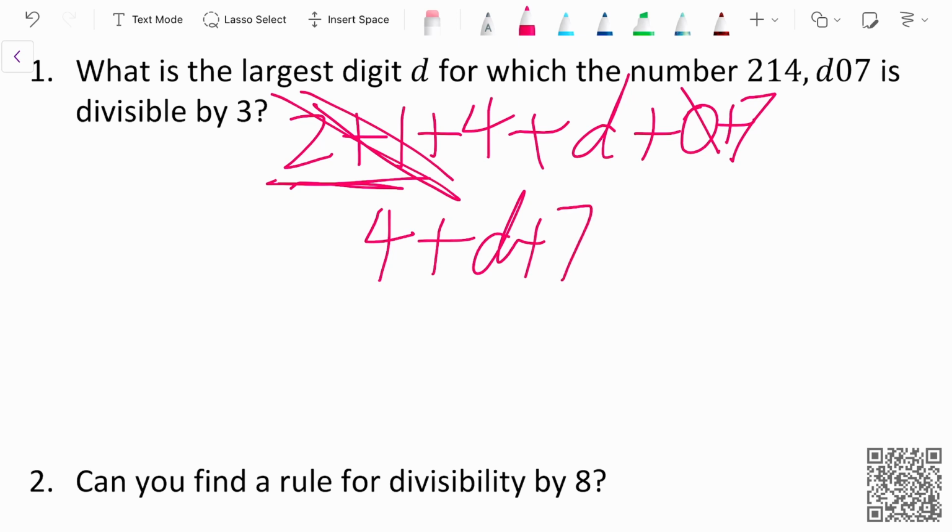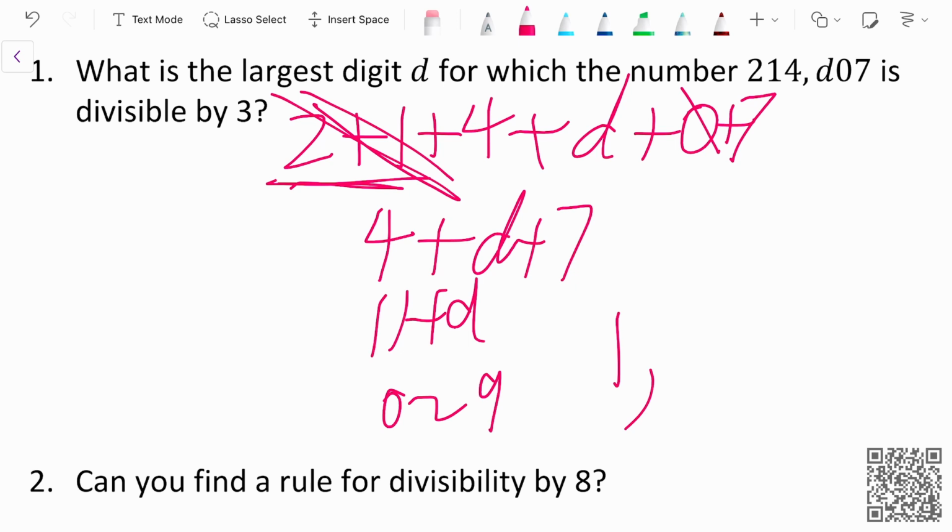So you add 4 and 7, in which you would get 11. So 11 plus D is divisible by 3. So looking at this now, you have the collection of numbers 0 to 9 before you. If you were trying to add the greatest number that is divisible by 3, the first one you would see is obviously 1 because that would get you 12.